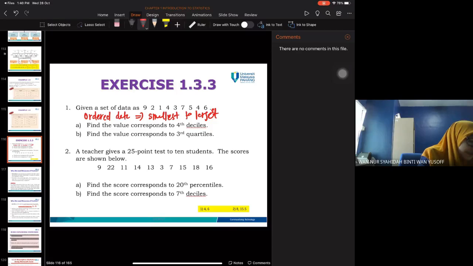Find the value corresponding to the fourth decile, so we need D4. So X of 4 times 9, since there are 9 data, divided by 10 because of decile.